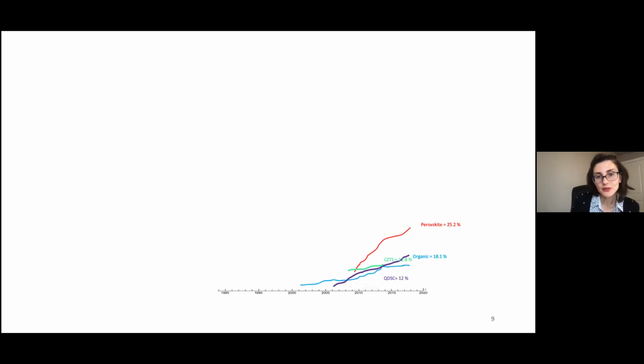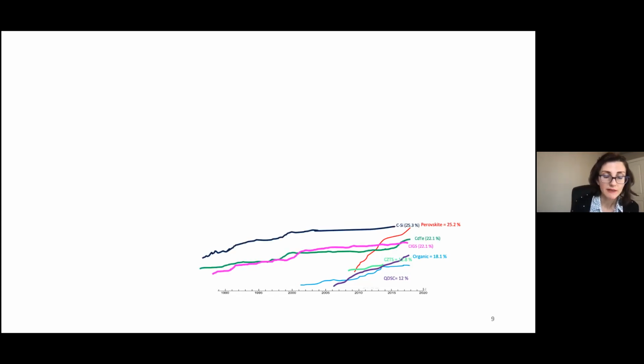Now let's compare these perovskite PVs with the commercially available PV technologies. When we look at the efficiencies again, it is very similar to crystalline silicon PV's efficiency record of around 25%, and it's a little bit higher compared to those CdTe and CIGS PV panels. So what does this graph actually say?